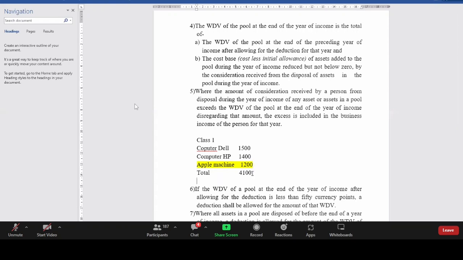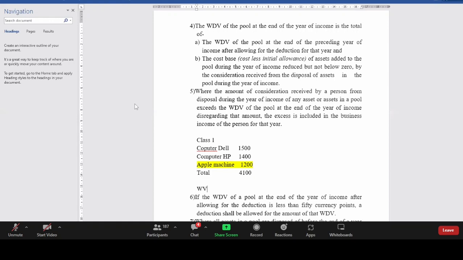The written down value will be 2.9, before we disregard that asset we have sold for that year.